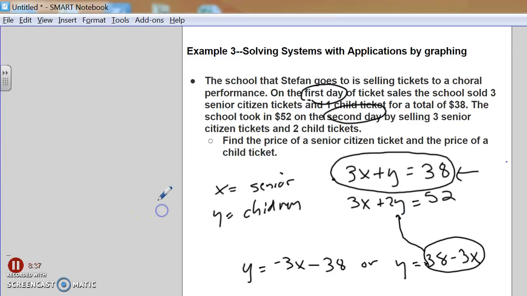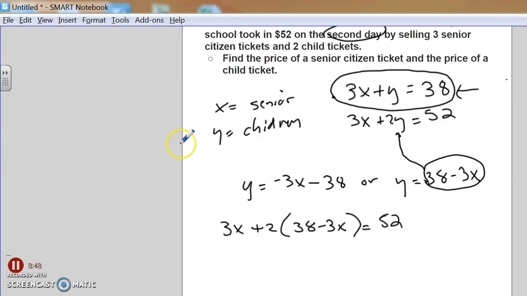So I get 3x plus 2 times (38 minus 3x) is equal to 52. See a lot of patterns here with the substitute and then the distribute. So 3x plus 76 minus 6x is equal to 52.